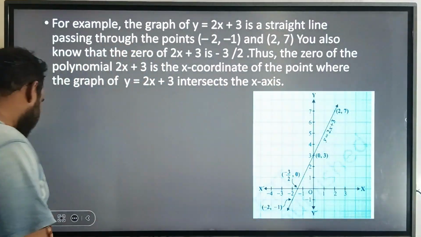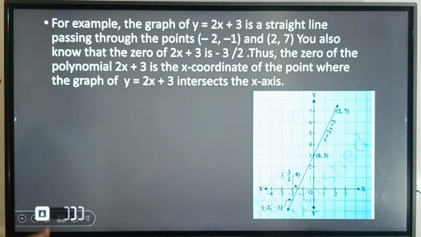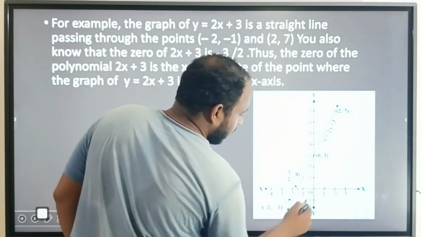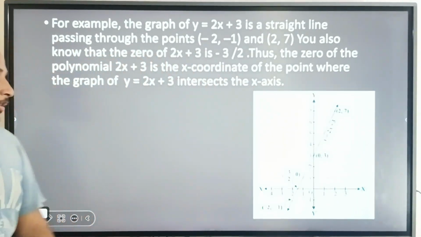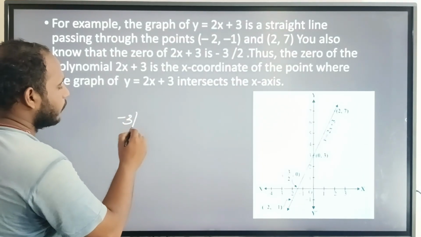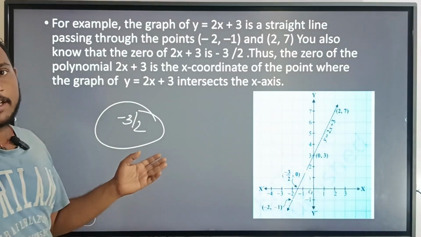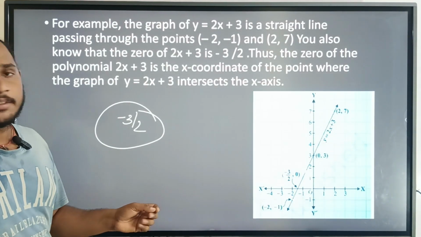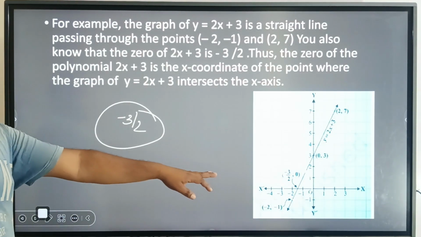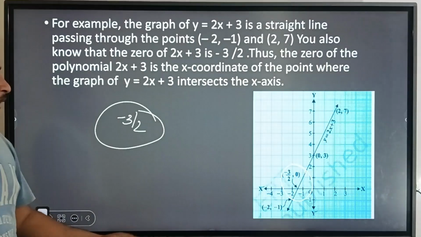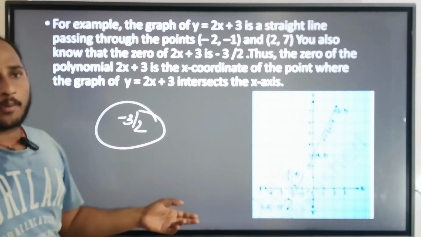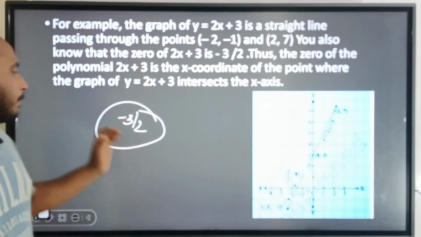The line intersects the x-axis at the point minus 3 by 2 comma 0. Therefore, minus 3 by 2 is the 0 of the polynomial. By using the graphical representation, we can easily find the zeros. The point where the graph cuts the x-axis is called the 0 of the polynomial.